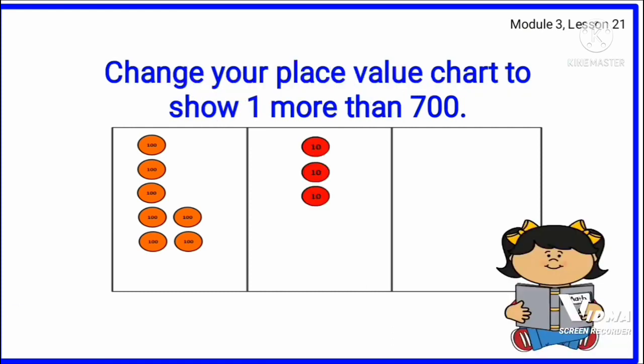Change your place value chart to show one more than 700. We have 731 here.